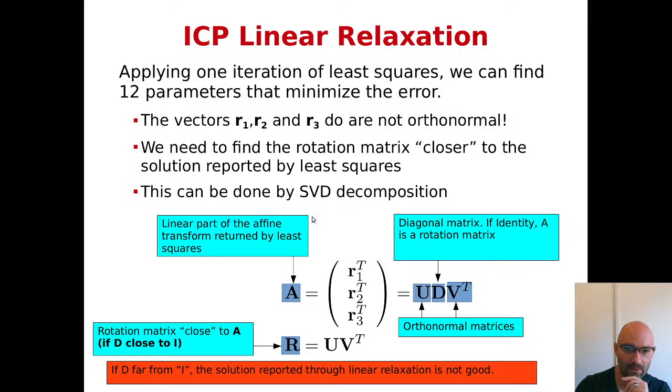Let's see if there are questions in the chat. Clearly, if I have a lot of noise, I might find any transform. Then by doing the SVD decomposition, I will figure out that what I found is not a good rotation matrix, and in this case I might abort with an error.